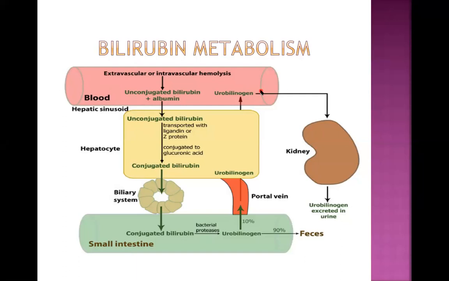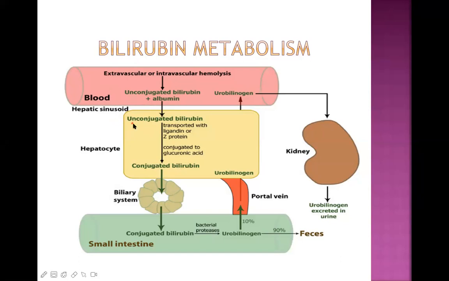Now that more bilirubin probably cannot be handled by the liver. So in this situation, unconjugated hyperbilirubinemia occurs. This is an important point. That's why in hemolytic anemia, the type of bilirubin is unconjugated.